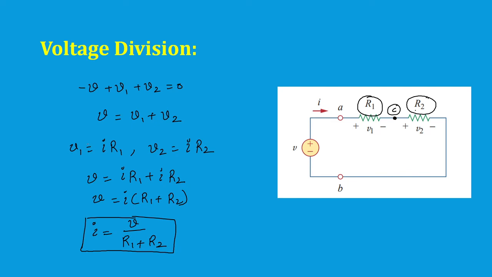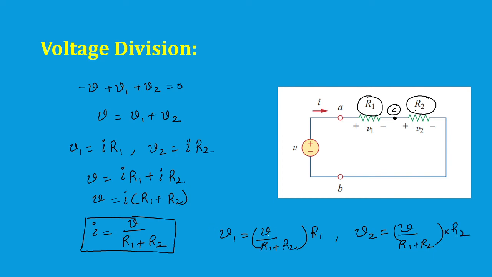If I substitute it here, V1 is equal to V by R1 plus R2 into R1, and V2 is equal to V by R1 plus R2 into R2.